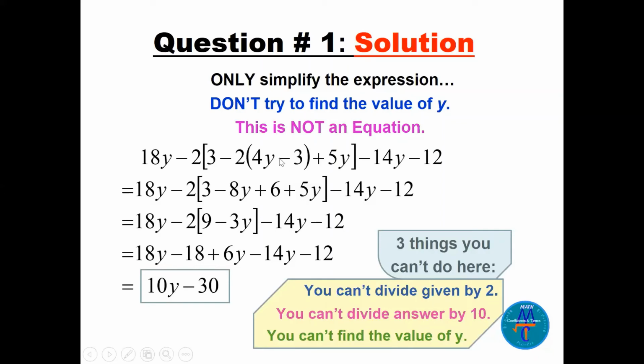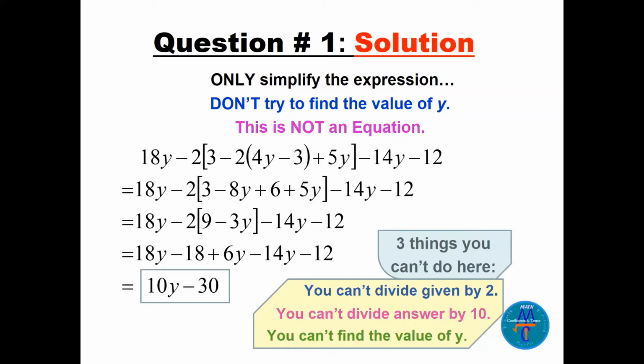Now, in the bracket here, I go inside the bracket, minus 2, 4y multiplies to minus 8y, minus 2 minus 3 plus 6, and then I write the 5y. So this is inside the bracket. Then I add inside the bracket, 3 plus 6 is 9, minus 8y plus 5y is minus 3y. Then I multiply by this number, minus 2, outside.